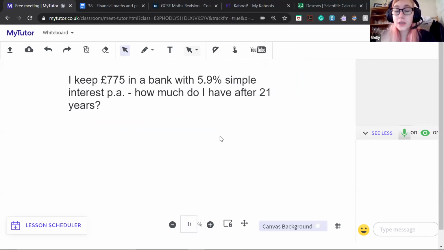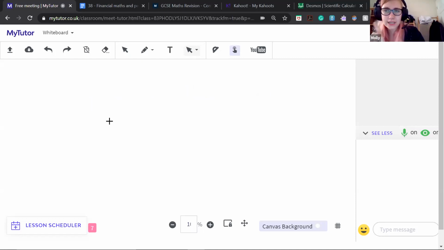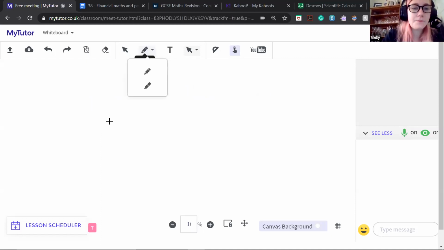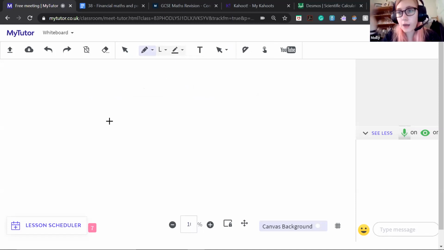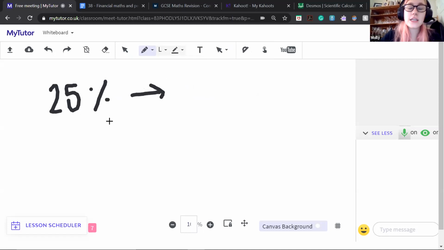Because I haven't explained multipliers yet, let me just explain this quickly, just in case you can't tackle that one. The way that you find a percentage of something: say we want to do 25%. You can turn that into its multiplier, which is just dividing it by 100, so 0.25, and then multiplying that by whatever.